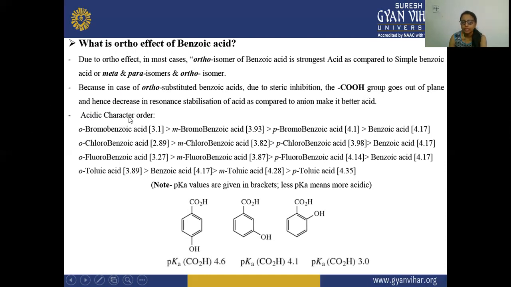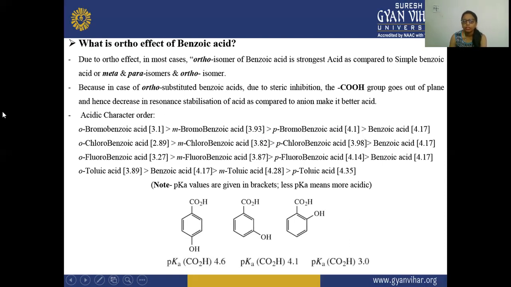So here the acidic character order is: ortho bromobenzoic acid 3.1, meta bromobenzoic acid 3.93, para bromobenzoic acid 4.1, and benzoic acid 4.17. The ortho ones are more acidic.